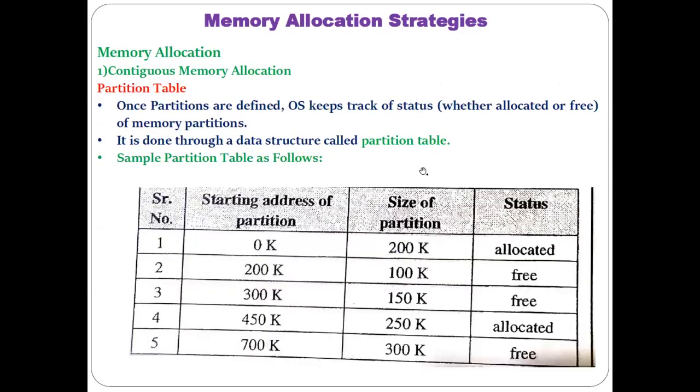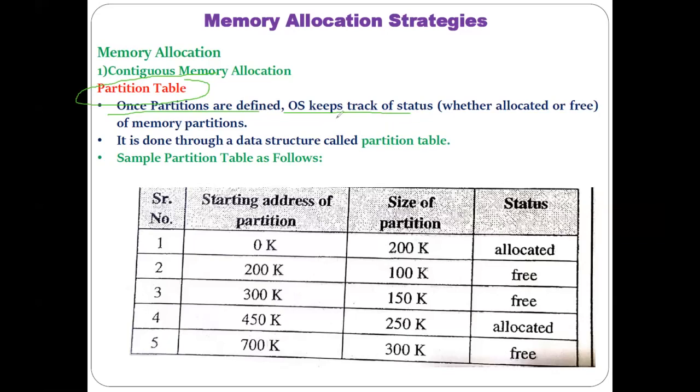Now in contiguous memory allocation we have to discuss one important concept, that is the partition table. Once the partitions are defined, the operating system has to keep track of which partitions are available, which are allotted, and which are free.